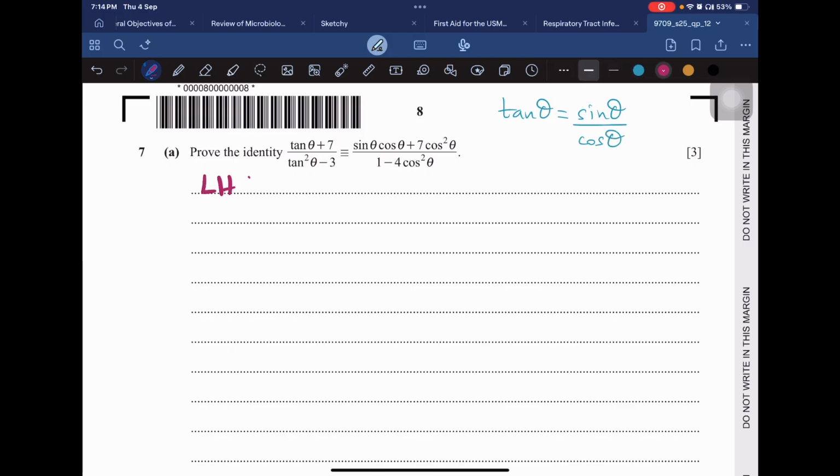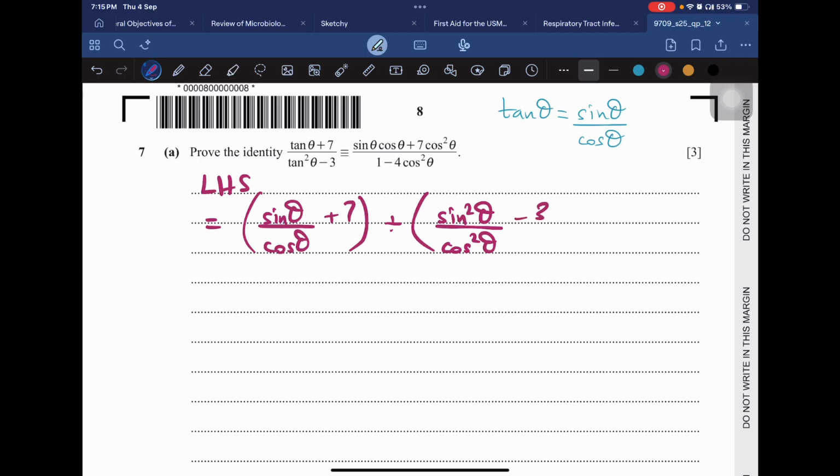So we're working on the left-hand side. We have tan theta plus 7, so that will become sine theta upon cos theta plus 7, divided by tan square theta, which will become sine square theta upon cos square theta, minus 3.